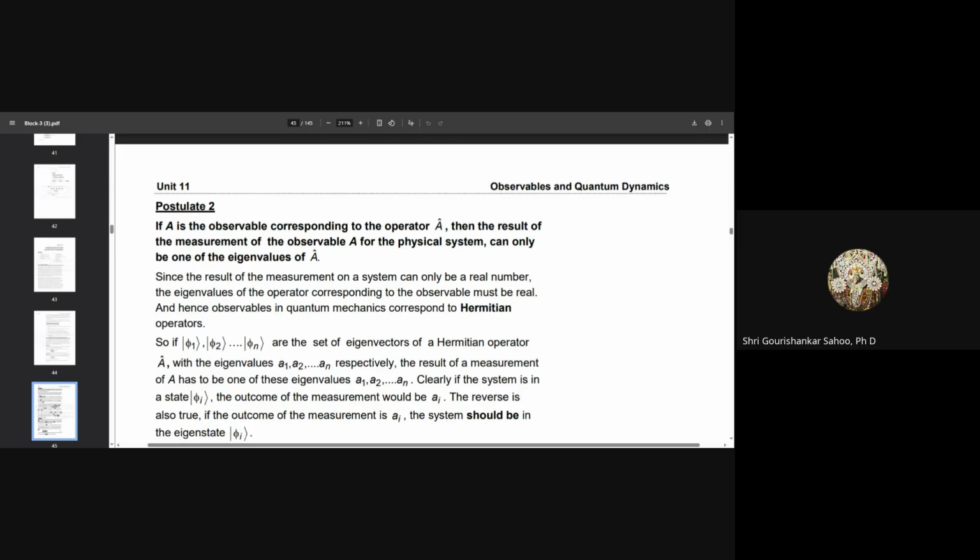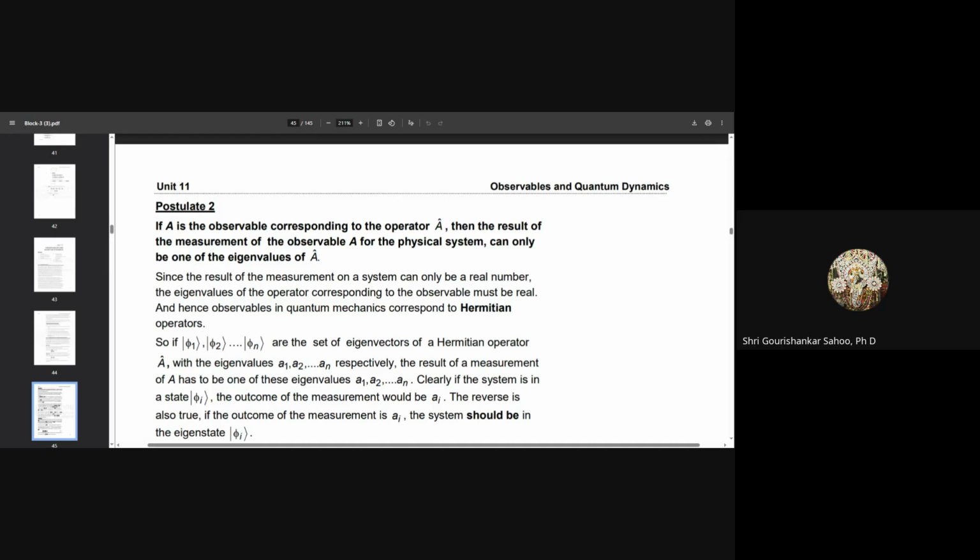Since the result of a measurement on a system can only be a real number, the eigenvalues of the operator corresponding to the observable must be real. Hence observables in quantum mechanics correspond to Hermitian operators, and we have discussed it earlier during our discussion of the Schrodinger picture.